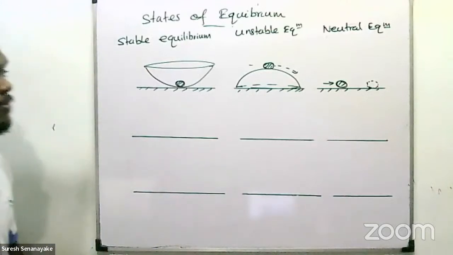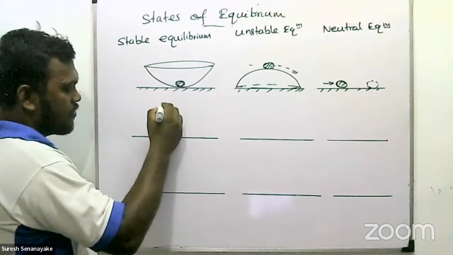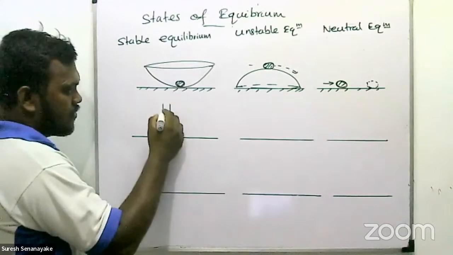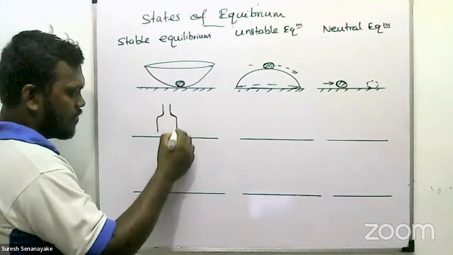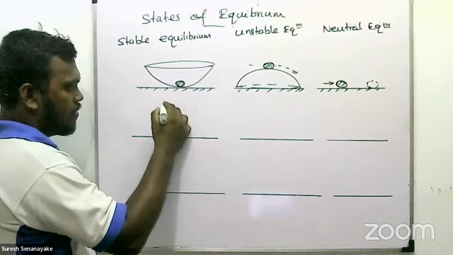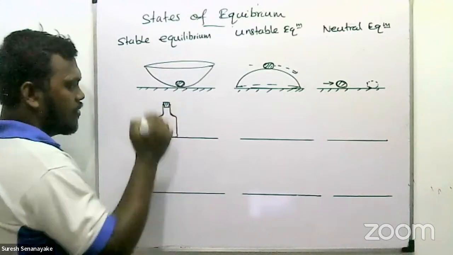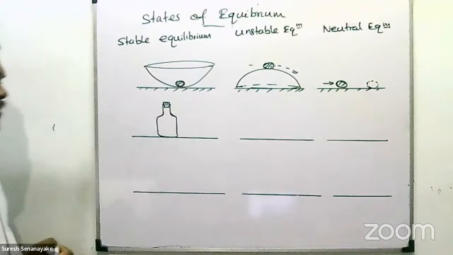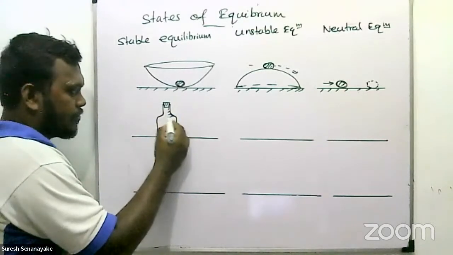Draw these. I will draw a few more. If you consider the bottle, locally also we can make an equilibrium like this table, right?